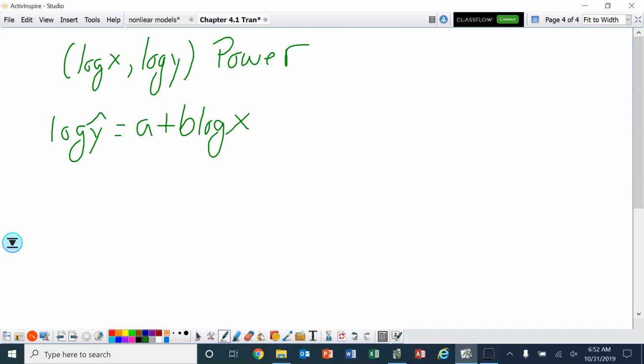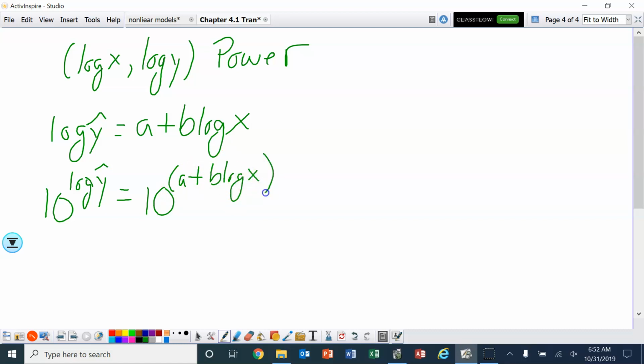I'm going to rewrite this as 10 to the log y hat equals 10 to the a plus b log x. Just like on the first page, this is going to cancel and we're left with y hat equals. But there's a little bit of work we need to do on the right side.